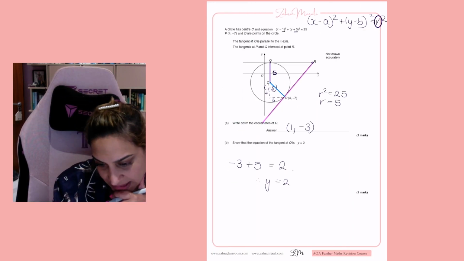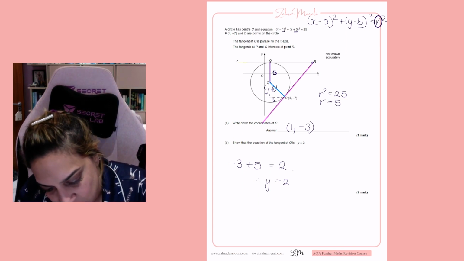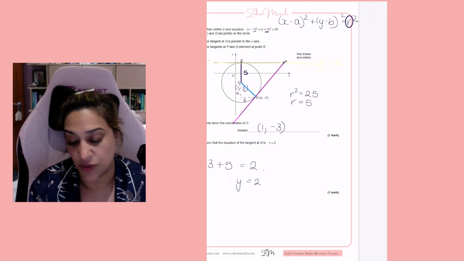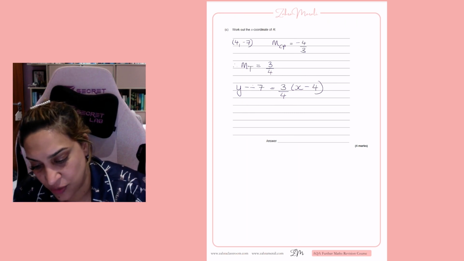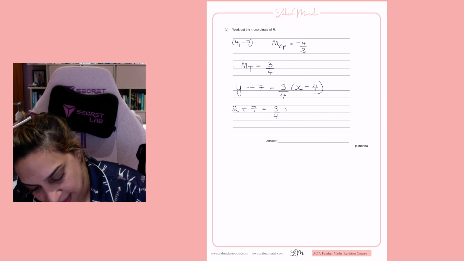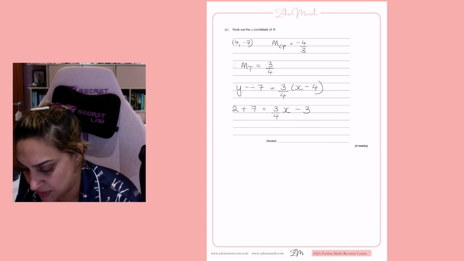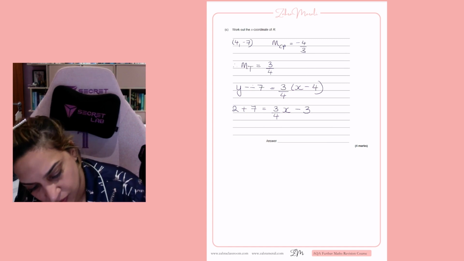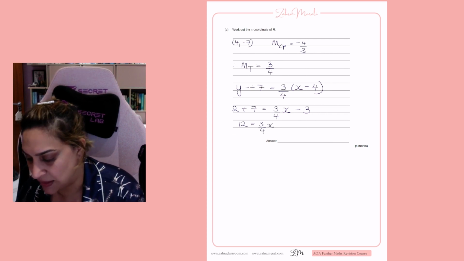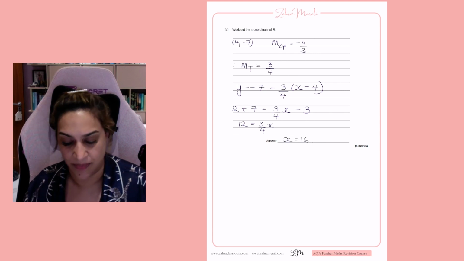And we're trying to find out where that meets this line here, which we know is the line y equals 2. So we substitute in, y is 2. So we get 2 plus 7 equals 3/4 (x minus 3). So 2 plus 7 plus 3 gives us 12 equals 3/4 x. So x is going to be 16. The x coordinate is 16.